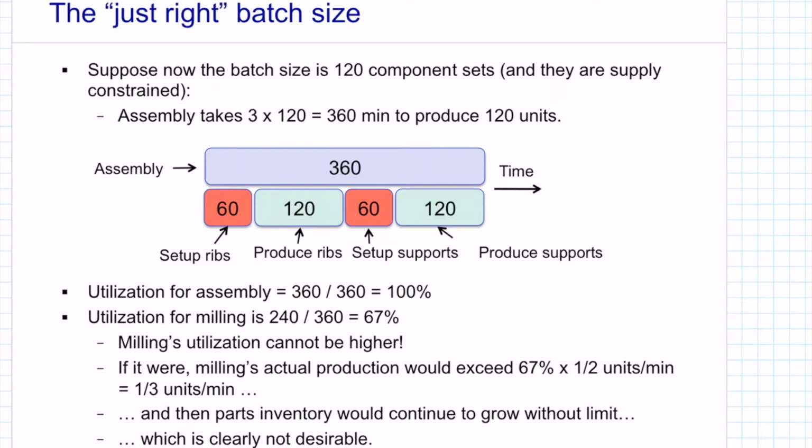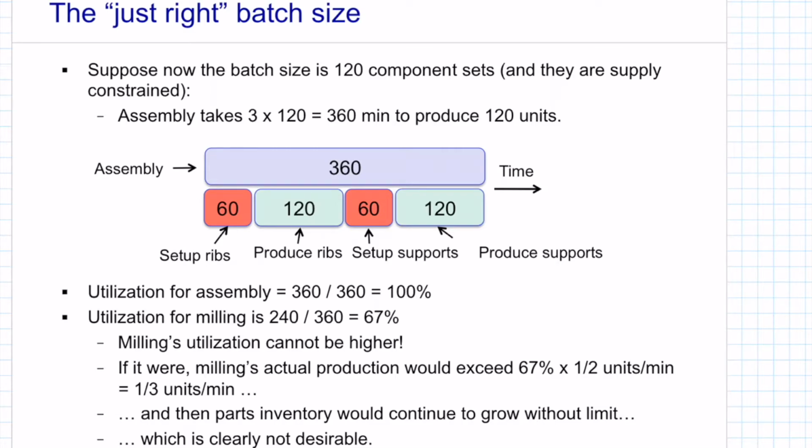And finally, when the batch size is 120 component sets, assembly is going to take about 360 minutes to produce these units. And you can see that assembly will be busy all the time, and also the milling machine will not have any idle time. So if you calculate utilization for assembly, it's 100%, and utilization for milling is about 67%.